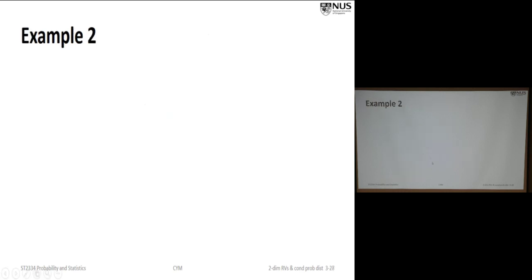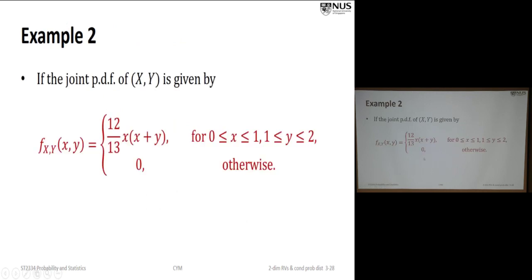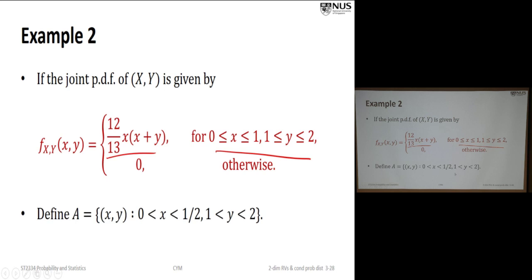Okay, let's look at another example. So here we have the joint PDF. It's given by this formula, so long as x is between 0 and 1 and y is between 1 and 2. Now we define a region A: x between 0 and half and y between 1 and 2.